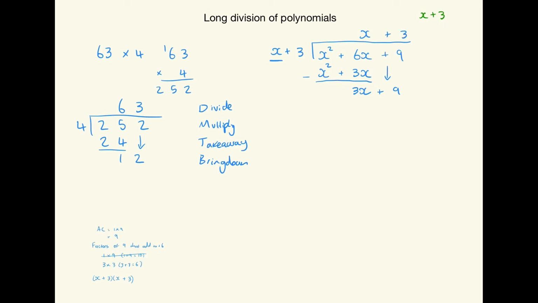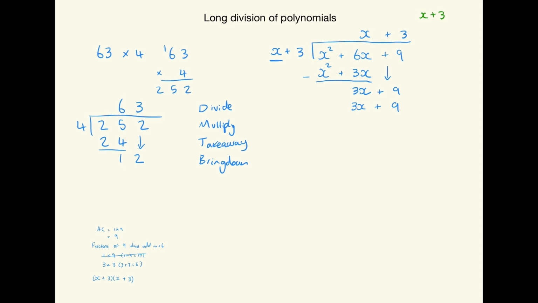We've done our divide. Now it's time to multiply. So positive 3 times x gives us 3x. And positive 3 times 3 gives us positive 9. We've now multiplied. We're going to take away.